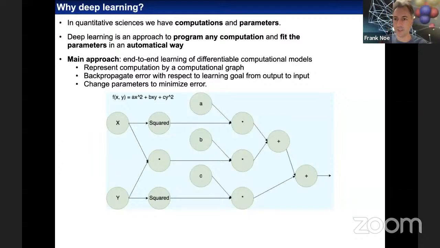That is very exciting, especially in computational physics, where we are writing computational algorithms, numerical programs, all the time. Now everything becomes learnable, and that can be used as an advantage, of course.